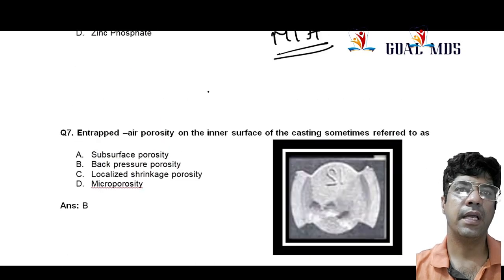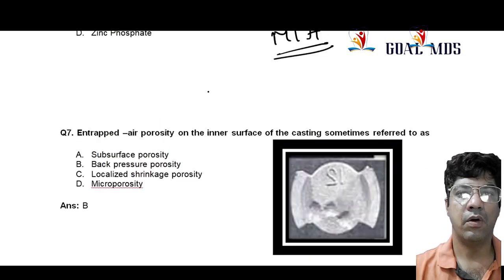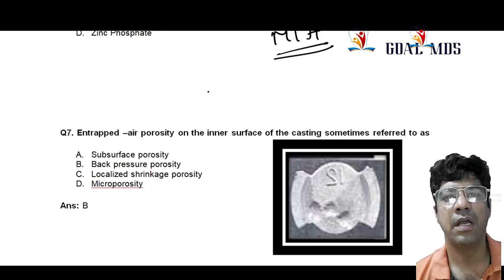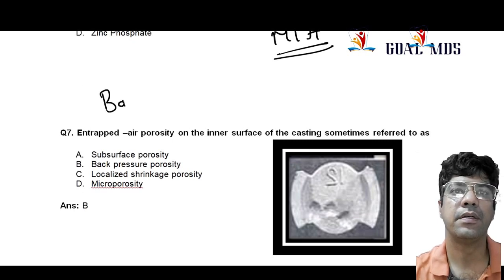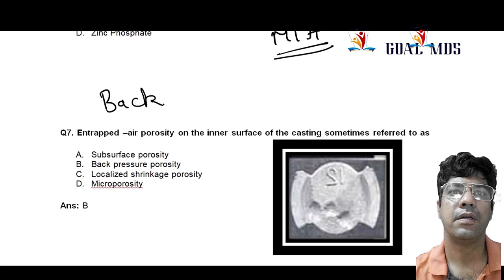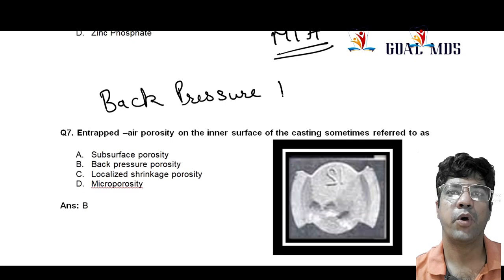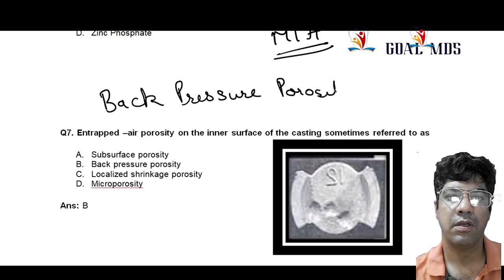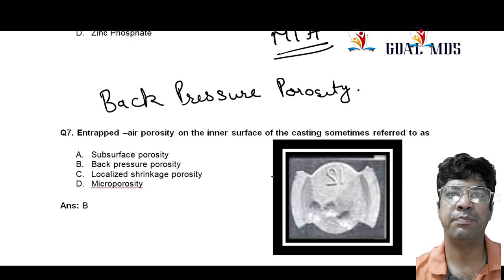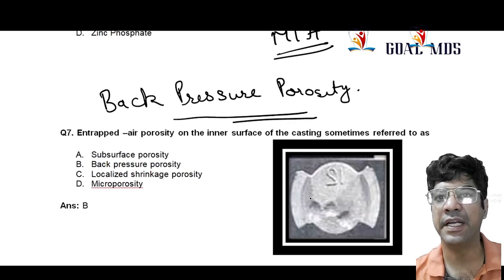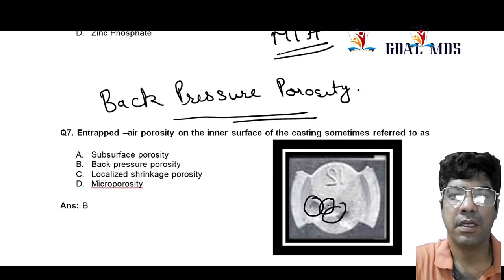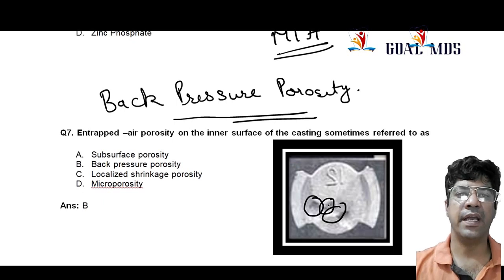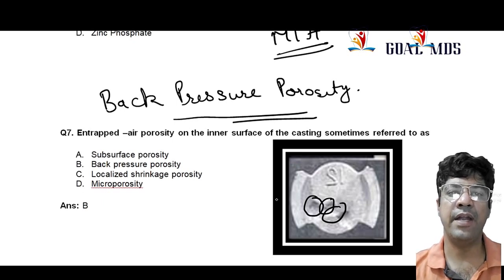Moving to next question. Entrapped air porosity on the inner surface of casting is sometimes referred to as back pressure porosity. So this back pressure porosity can produce a concave depression caused by inability of the air in mold to escape toward the end of investment.